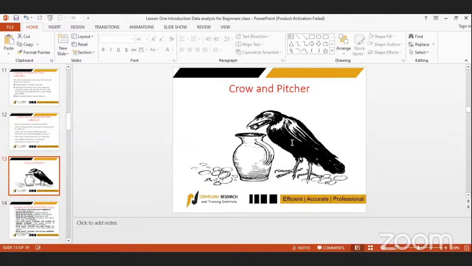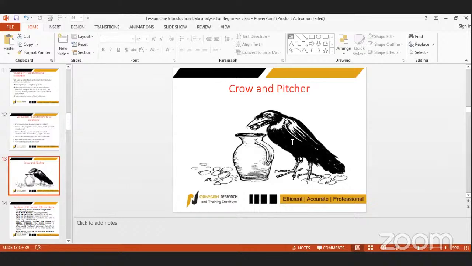So what the crow did was to collect the pebbles that you can see around here, and he started dropping the pebbles down into the pitcher. And then he saw that as the pebbles were being dropped down, the water continued increasing until the water reached a level where the crow was able to drink, and the crow was satisfied.